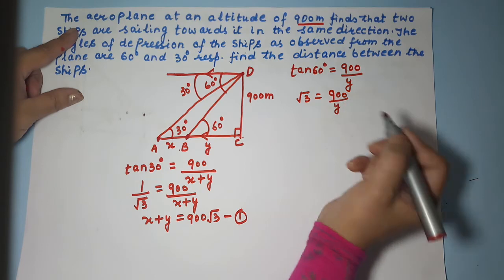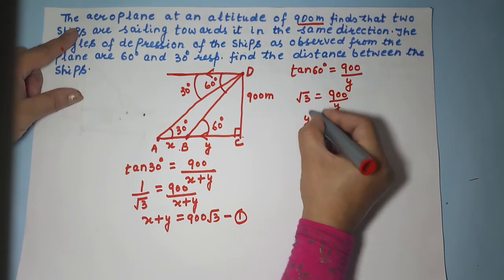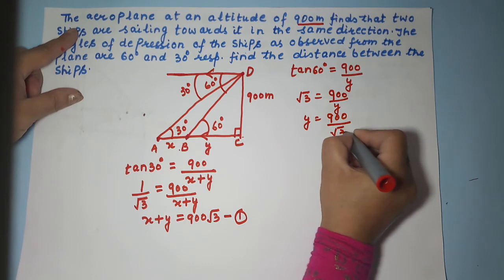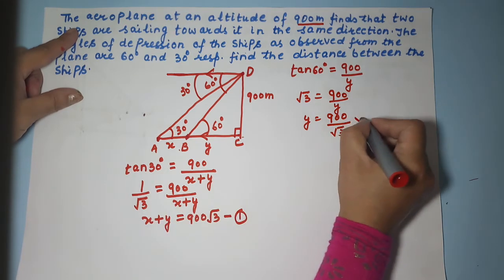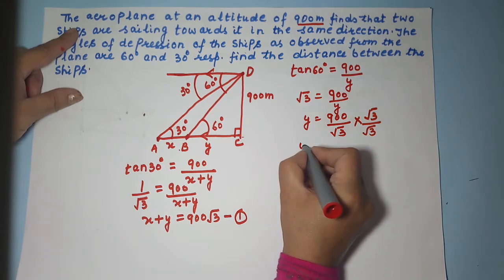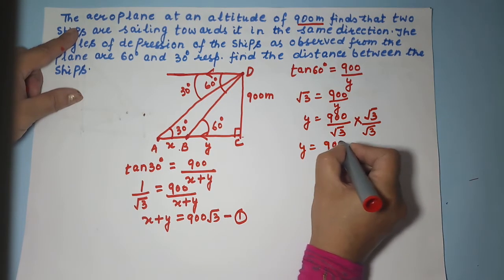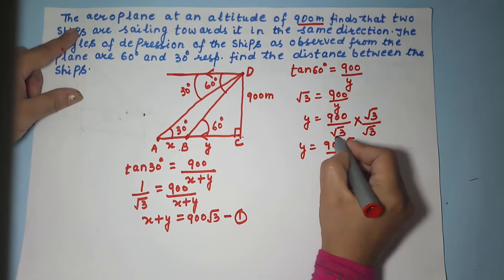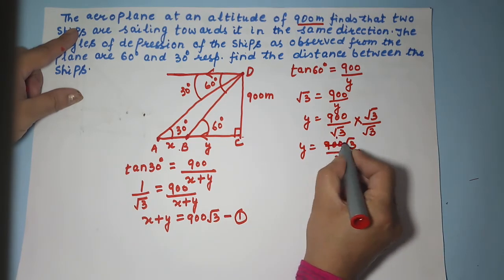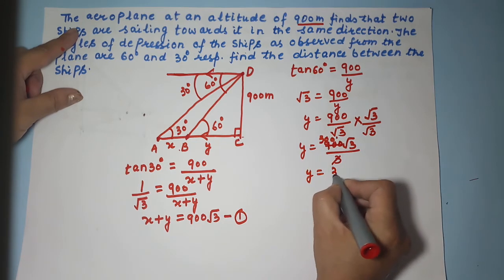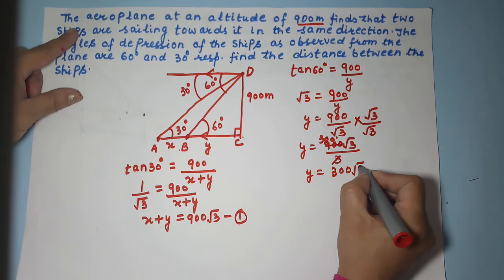So, if you shift y here and bring root 3 here, you are going to get 900 upon root 3. So, if we rationalize this, what do we get? We will get 900 root 3 upon 3. Root 3 into root 3 is 3. So 3 3s are 9. So you got the value of y as 300 root 3.